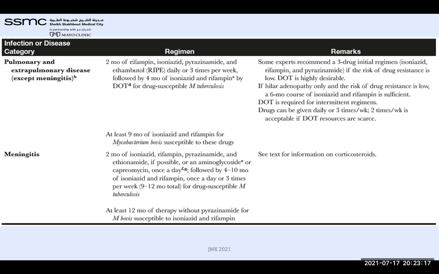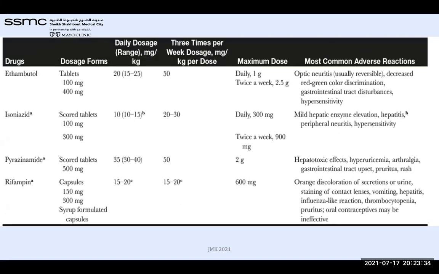If you have meningitis, then you use INH, rifampin, and pyrazinamide. So these are the different regimes we should use, and I think all those medicines are available in Pakistan, so I don't think there is any problem in having them. These are the different drugs and different doses, but you can use this reference or any other reference; more or less it's a similar range.